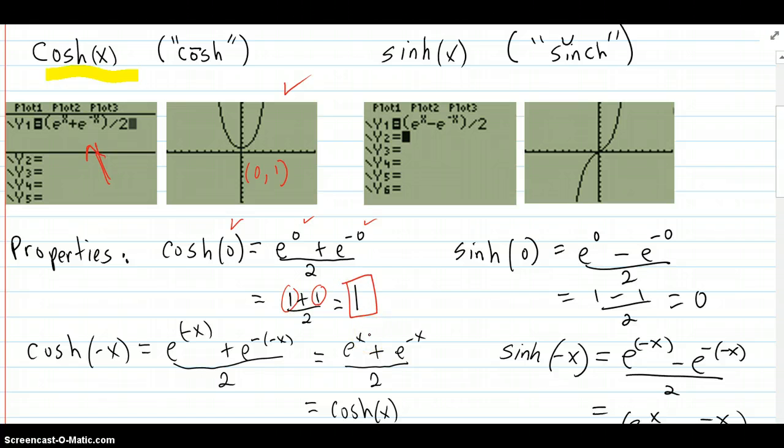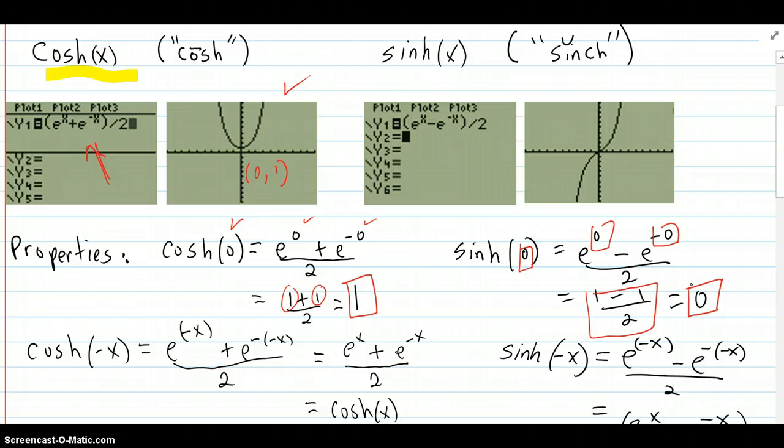Over here on sinh of 0 is an interesting property. Raise the e to 0 and e to the negative 0, and you get 1 minus 1 divided by 2, and that is equal to 0.